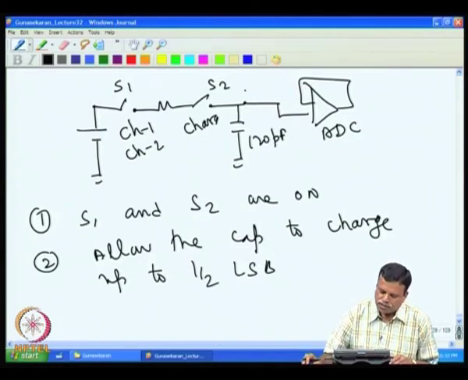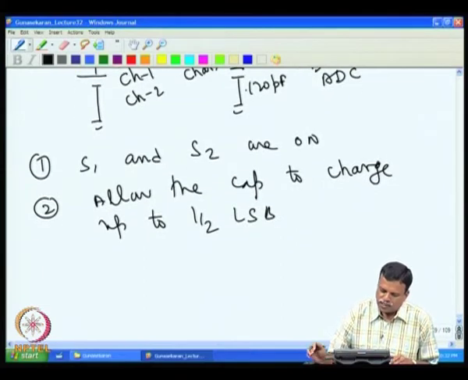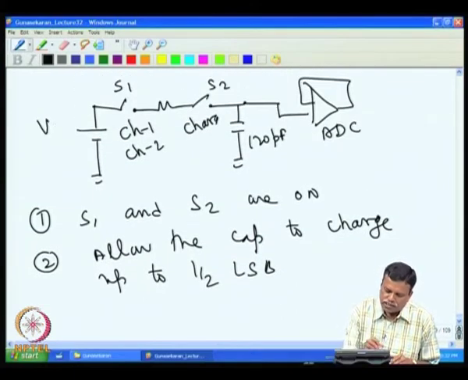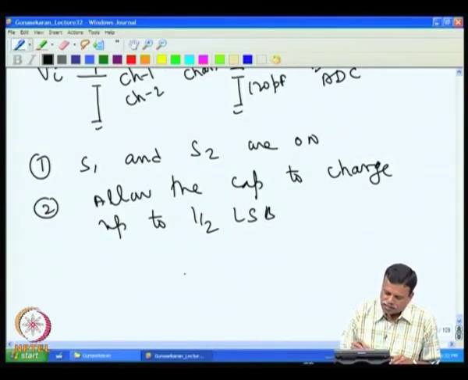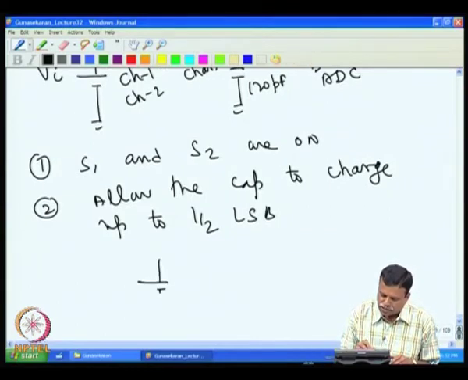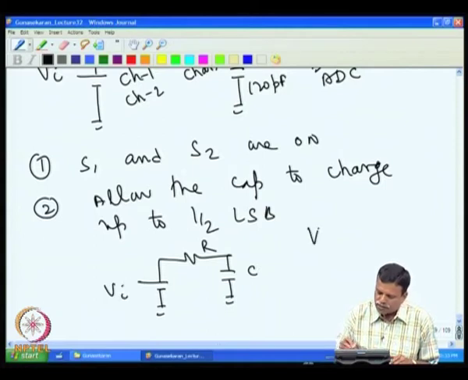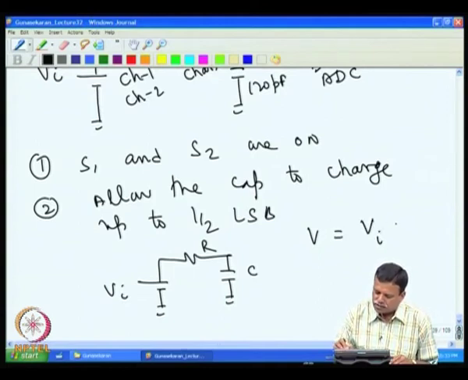So, if VA is the input voltage, the capacitor charges exponentially to VA. The capacitor voltage comes as VA into e power minus t by RC.